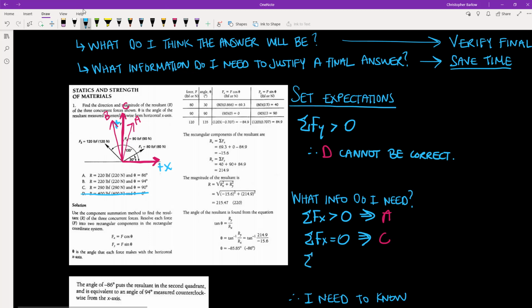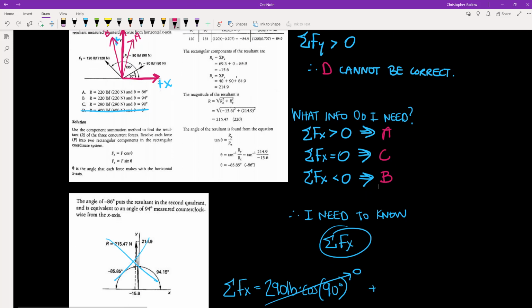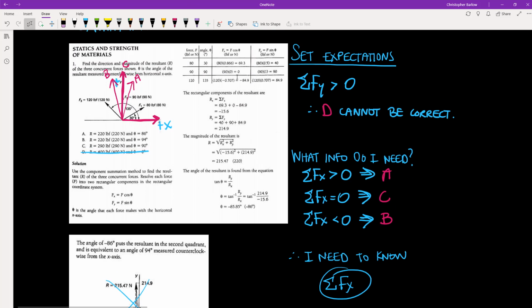Lastly, if our sum of forces in the x were less than 0, that would mean that our answer is B. Therefore, we need to know the sum of forces in the x to solve this problem. And that's all we need to know to solve this problem.